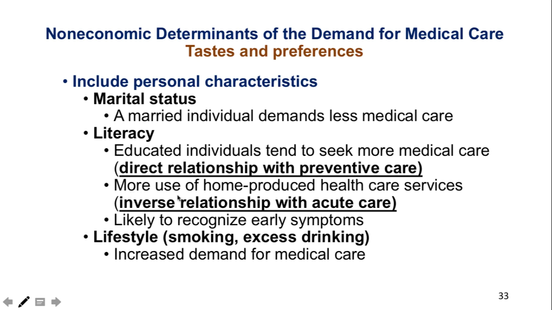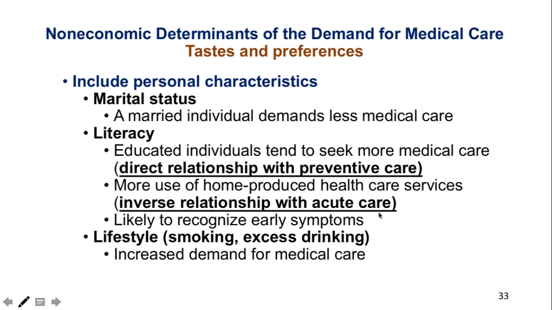On the other hand, there is also an inverse relationship between education and the use of home-produced healthcare services. We can say that they demand more preventive care and less acute care.